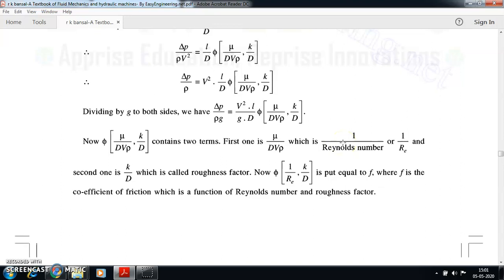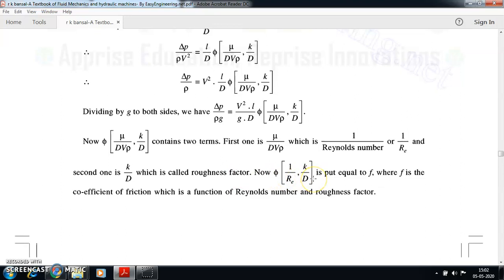When we do the substitution, this will be 1 divided by Re, the Reynolds number, and k by d is something called the roughness factor. The second factor here is called the roughness factor.